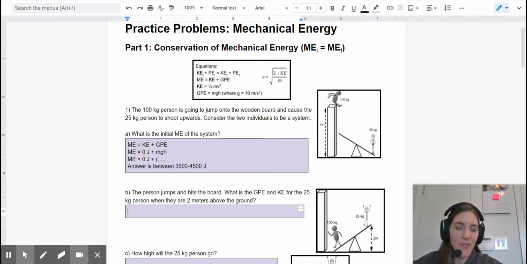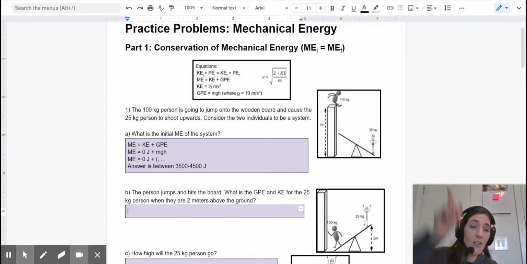As they hit the wooden board, it's transferred to our 25 kilogram person. So all of that mechanical energy originally had is now transferred over to our 25 kilogram person, and part of it is kinetic energy and part of it is gravitational potential energy because they are starting to shoot up.